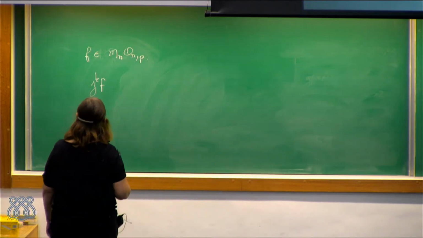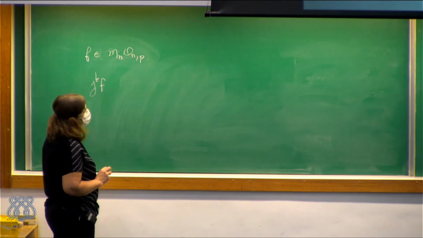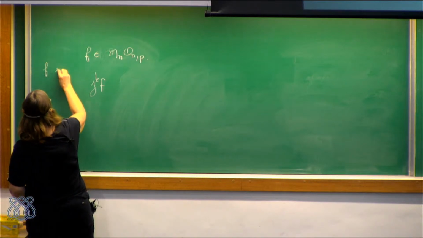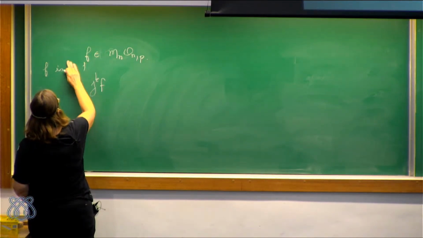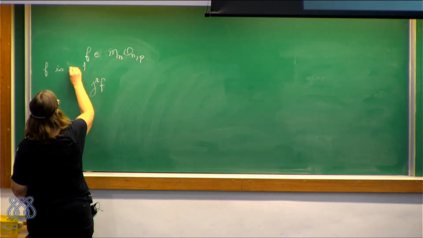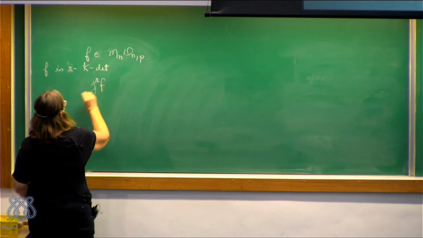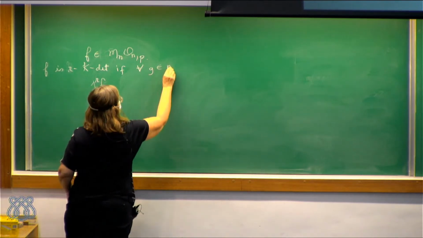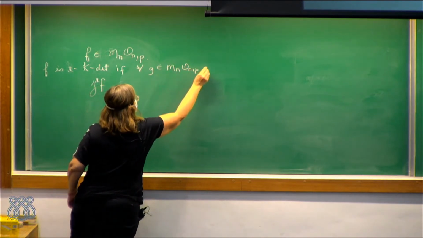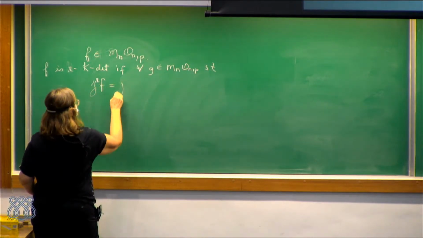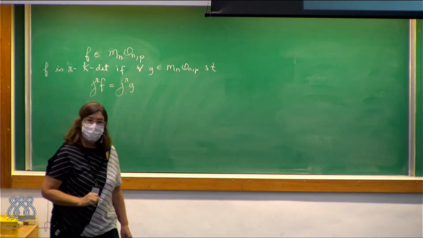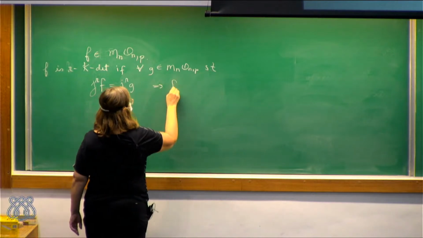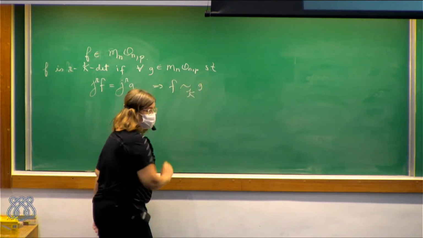And then we have this jet. And we say that F is R, K determinate, if for all germs G so that the R jet of G is the same as the R jet of F, then F is equivalent to G. Okay?